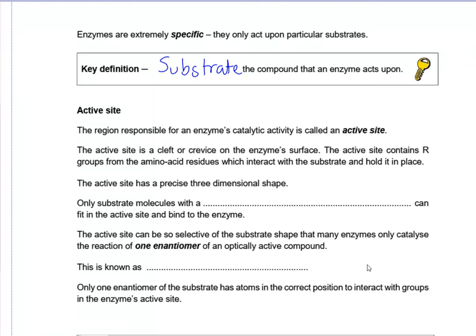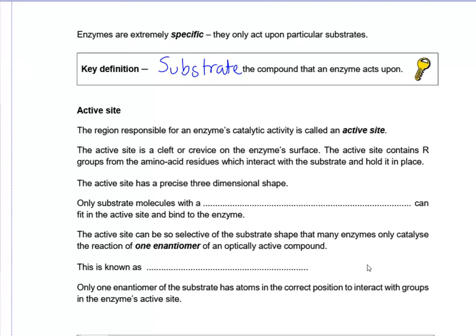The active site may only be a small part of the overall molecule. It's usually a cleft or crevice on the enzyme's surface, and it contains groups from amino acid residues that interact with the substrate, binding it in place, and which catalyse the reaction.